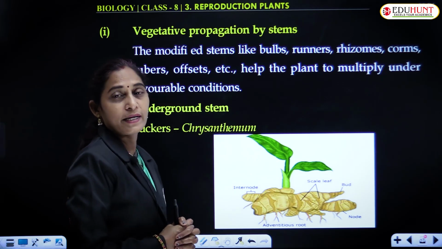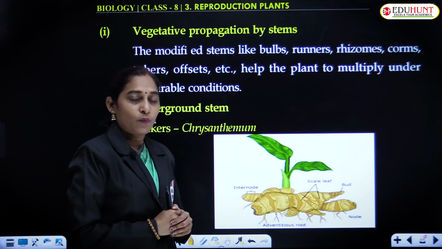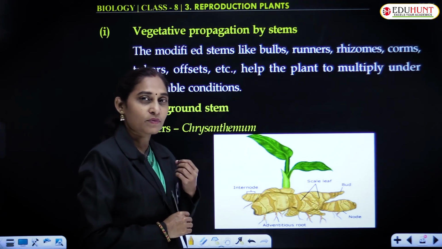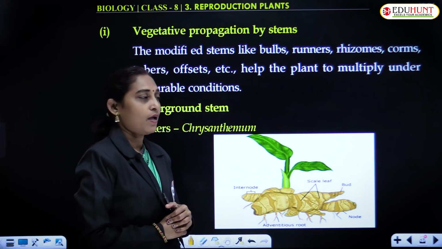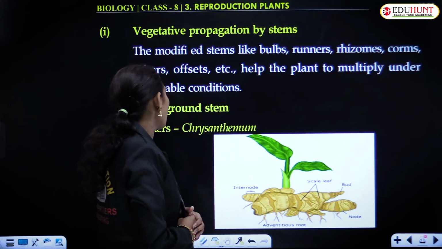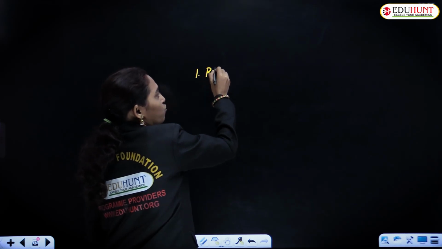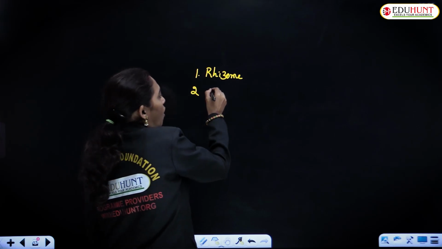Vegetative propagation by stem. In this category, vegetative propagation occurs by producing some kind of axillary buds present on the stem. For example, ginger. Through stem it can reproduce by rhizome. Second is corm.